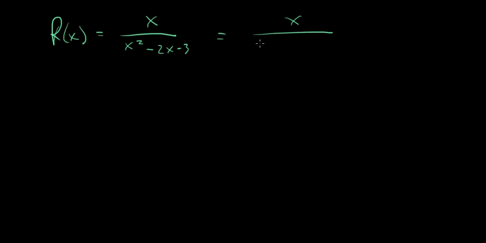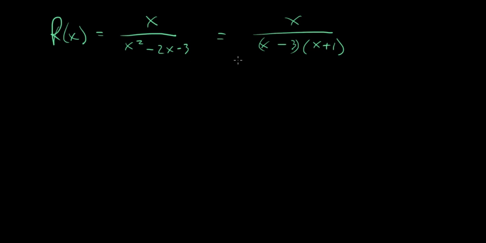Suppose I have r of x equals x over x squared minus 2x minus 3. Well, you're probably going to get used to this real quick. First thing you want to do is factor it and find out what your factors are. So x minus 3 and x plus 1 are your factors.